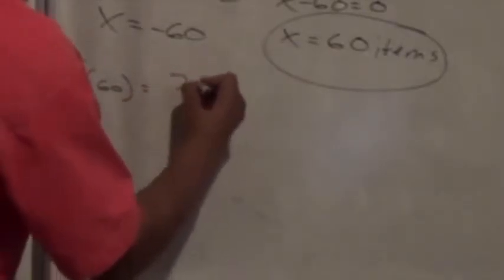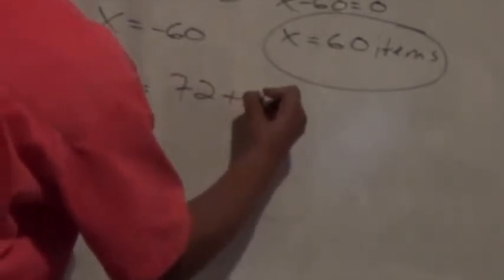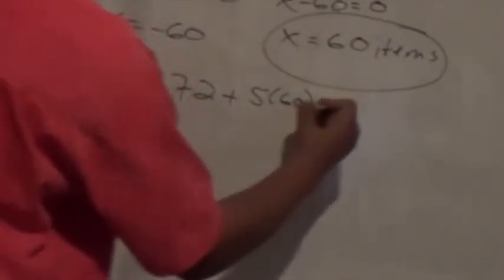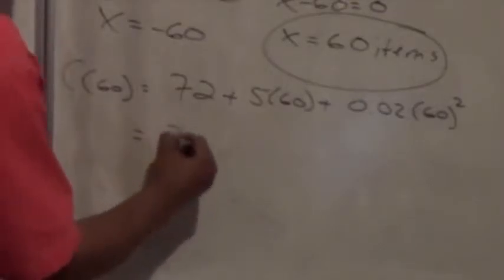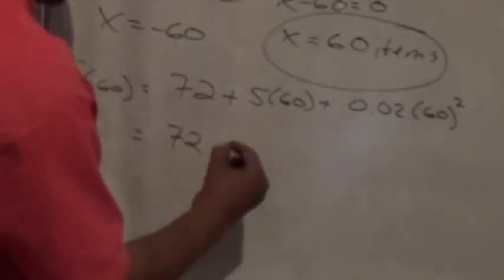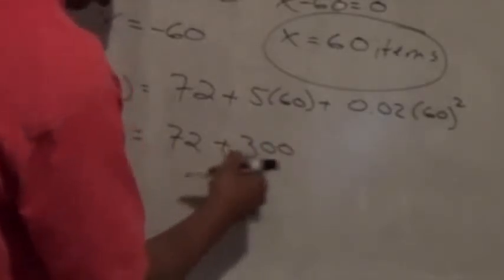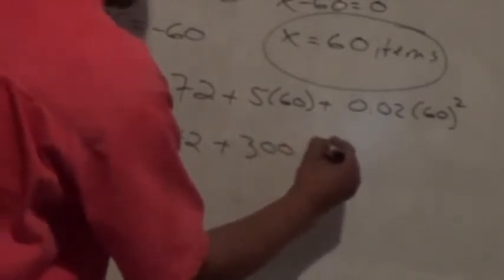So C of 60 is going to equal 72 plus 5 times 60 plus 0.02 times 60 squared. Alright, 72 here. This will be 300, our cost is 300 there.